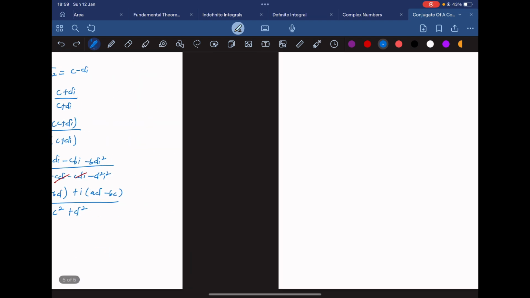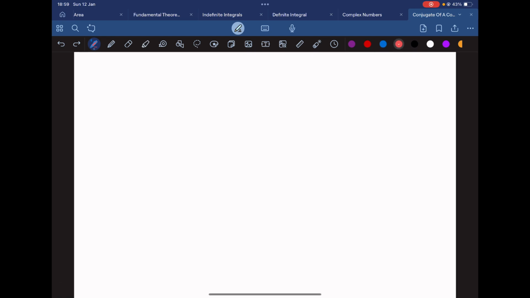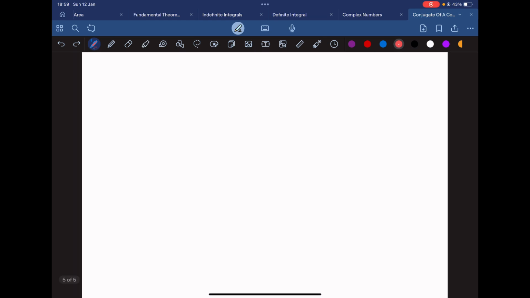Okay, now let's look at a different subtopic. We call it the geometrical representation of complex numbers. So for this, we always represent complex numbers on the Argand diagram.